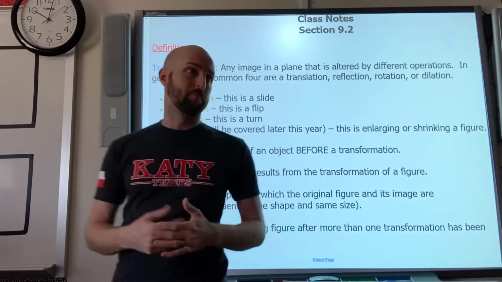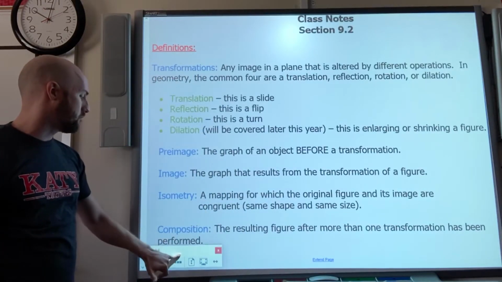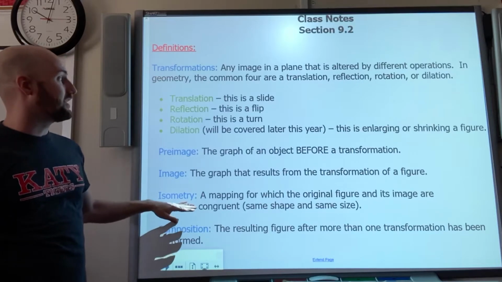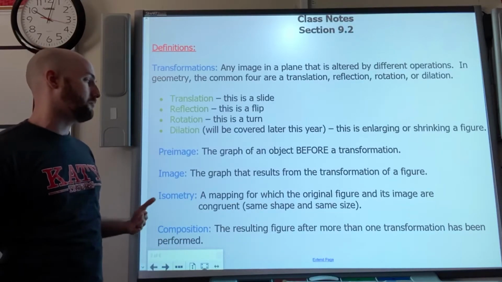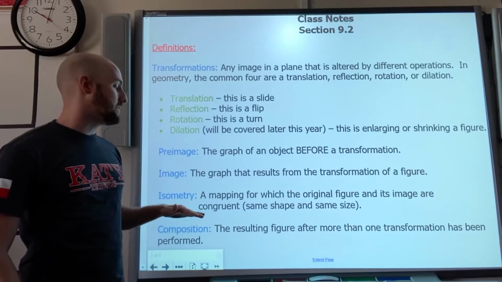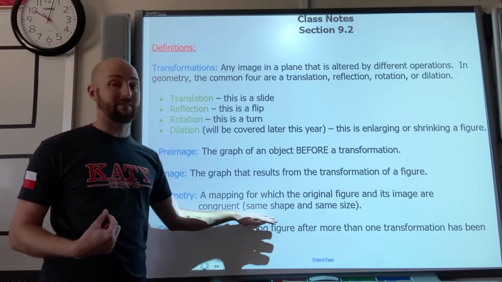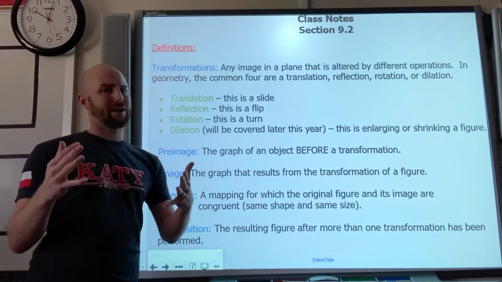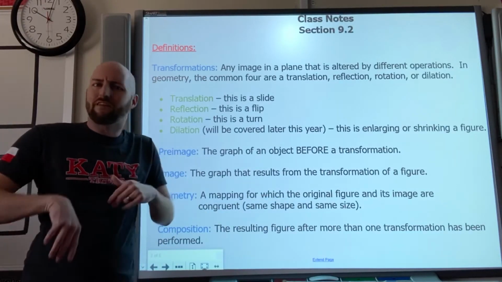A vocab word you've likely not heard before is called isometry. Isometry is basically some type of change or transformation that, although we've possibly moved it around, we have maintained its congruency. So it is still the same size and it is still the same shape. So a quick in-your-head question just to give you something pretty easy to think about.